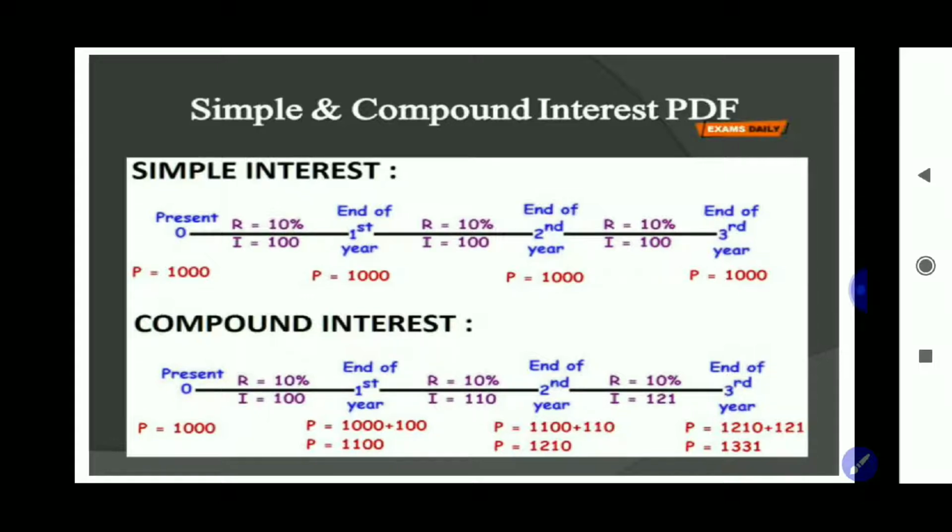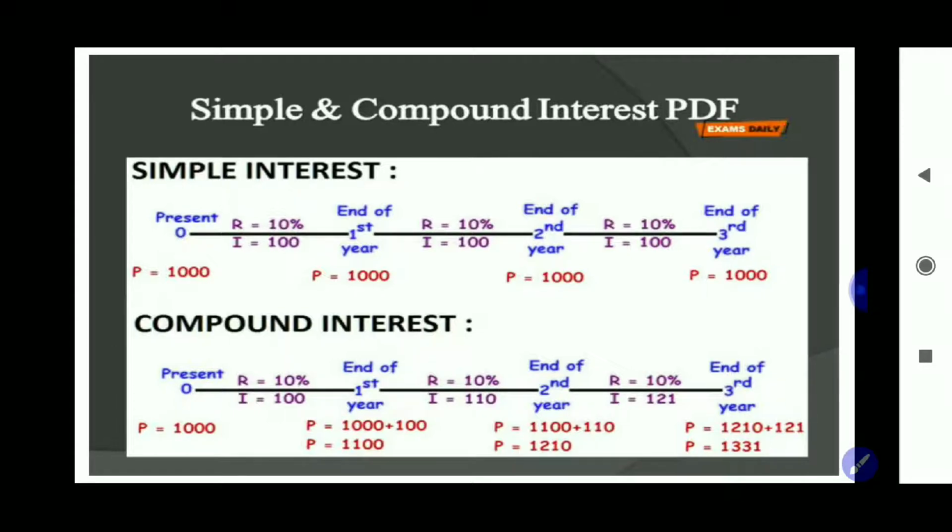In simple interest, again observe, at the end of the third year, principal is the same 1000, interest is 100 rupees. In simple interest, interest and principal are the same. There is no change.